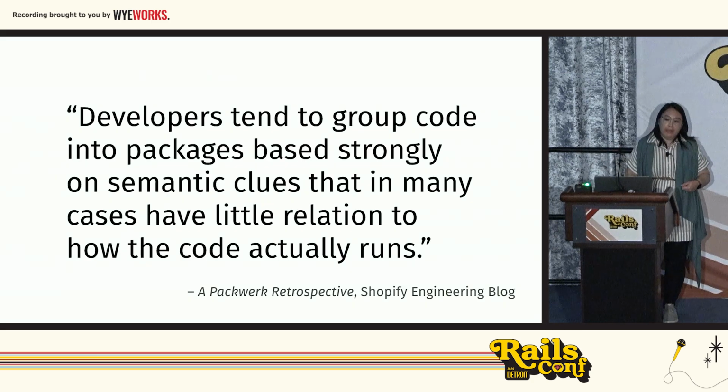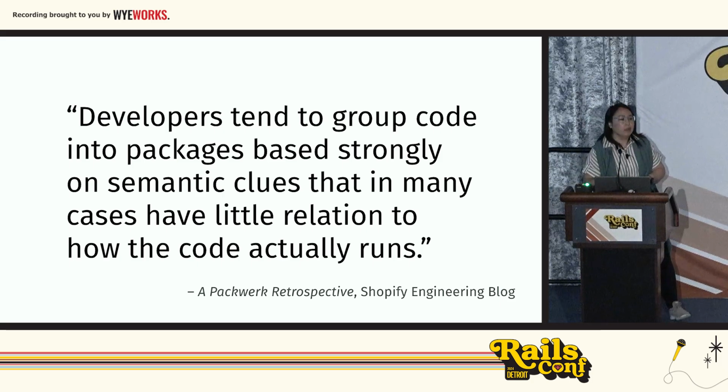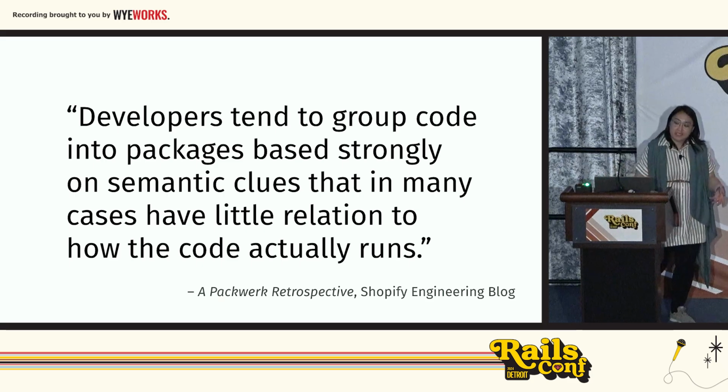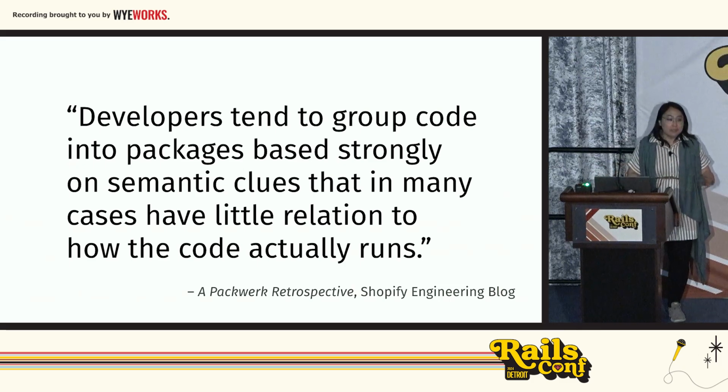So Shopify was the creator of Packwerk, and they were one of its earliest adopters of this idea of a modular monolith. They put out a retrospective earlier this year that I thought was really interesting. Developers tend to group code into packages based strongly on semantic clues that in many cases have little relation to how the code actually runs. So we've completely gone against Martin's principles of group code by function.